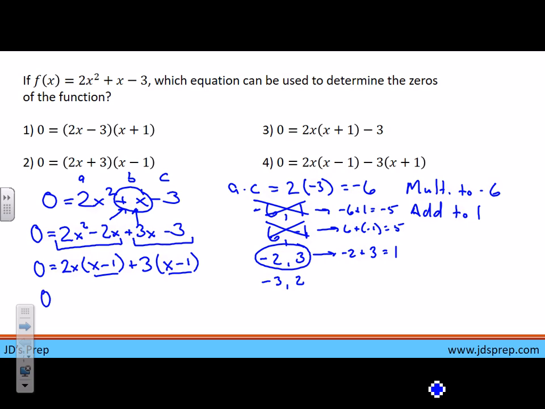I do that by rewriting this as the product of what's left over after removing that factor, which from the first half I'm left with the 2x, and from the second half I'm left with the 3.